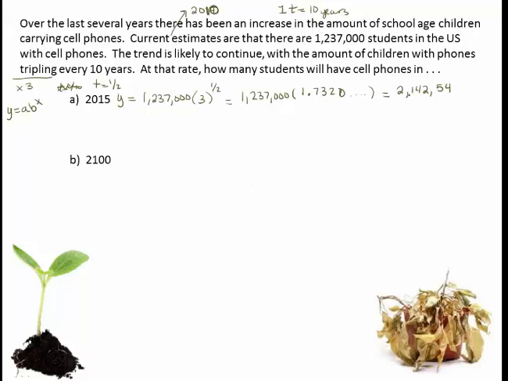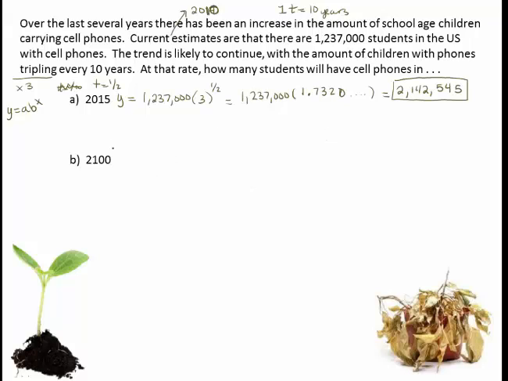And I actually get 2,142,546.8. So I'll round that up to 545 because just like we couldn't have part of a bacteria, we can't have part of a person. So in 2015, if this number was current in 2010, there would be almost double the amount of kids with cell phones.